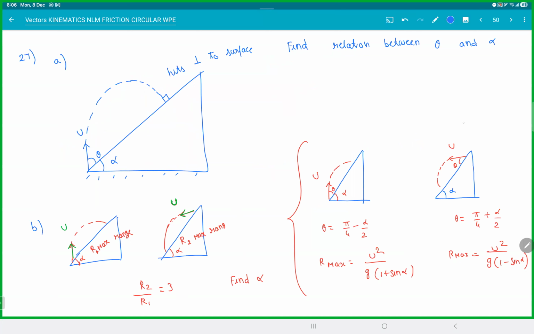In case you forgot, these are the formulas for maximum range on an incline. You need to remember those results. In the exam, you won't have time to derive.